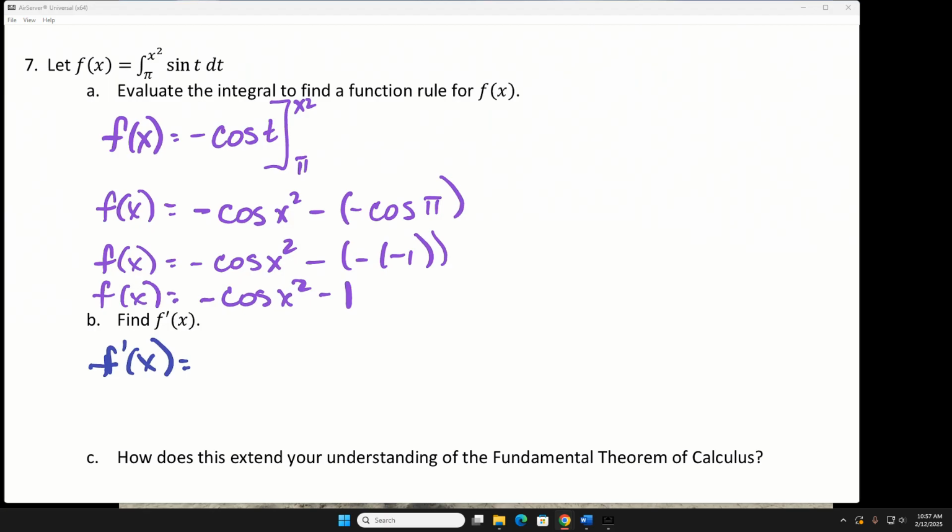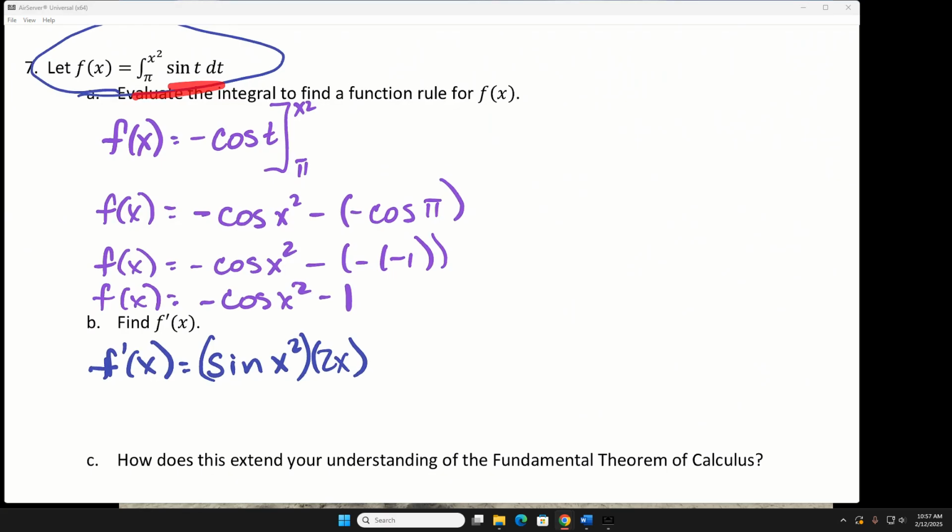So if it's already negative, you make it positive sine of that something. What if that something is not just x? Chain rule. You multiply by the derivative of that something, which is 2x. Nice job. What is the derivative of negative 1? Yes. Good job. A lot of times people start going the wrong way. All right, so that is the derivative of this.